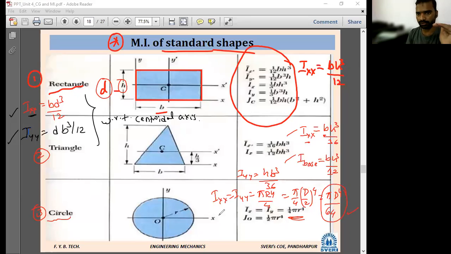Whatever formula I am giving is with respect to the centroidal axis. Okay. Have you written?